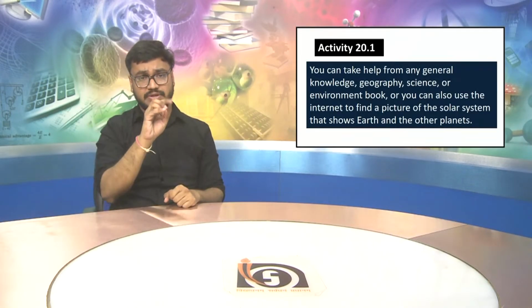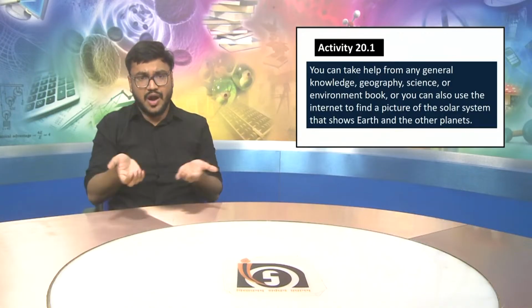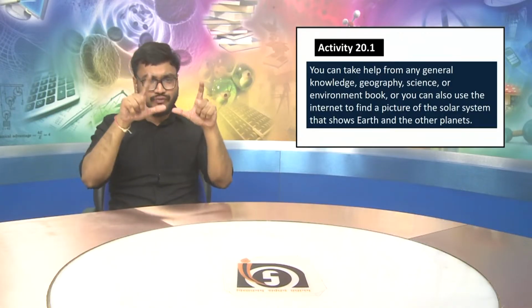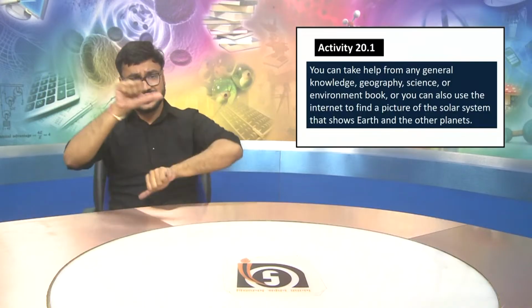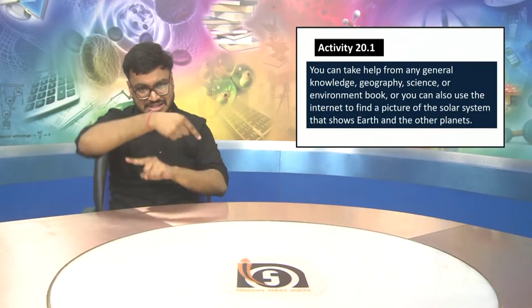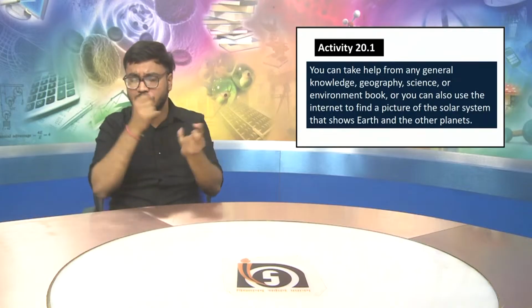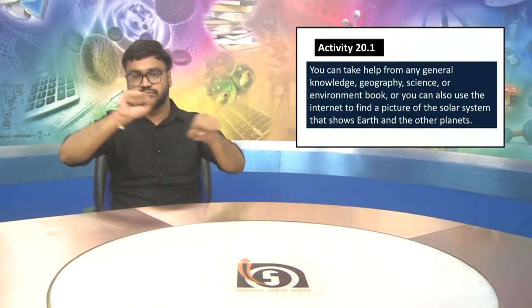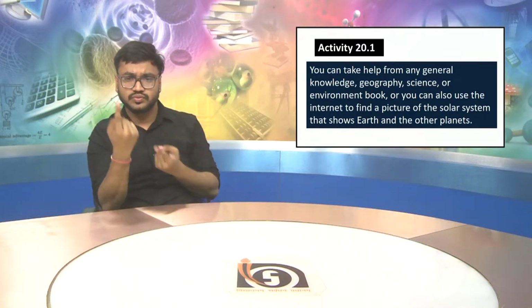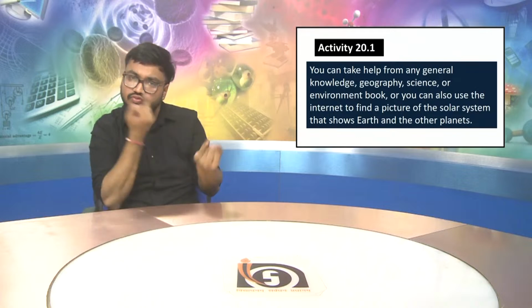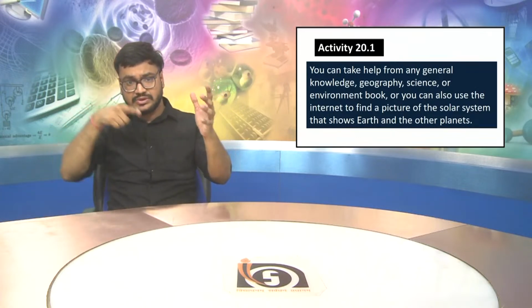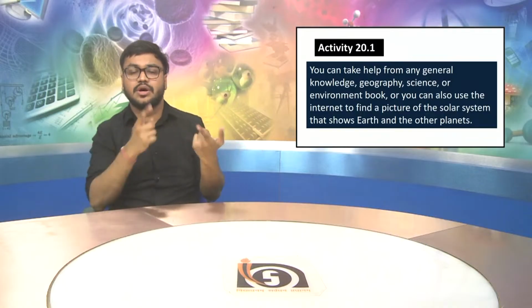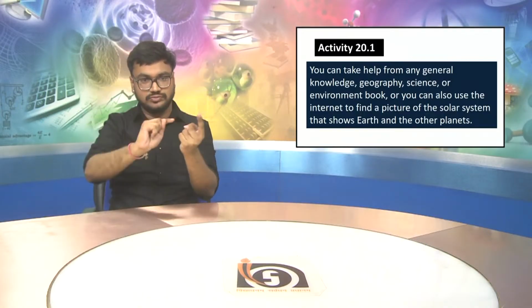Now let's do some activity. You can take help from any general knowledge book, geography, science or environmental book, or you can also use the internet to find a picture of the solar system that shows Earth and the other planets.